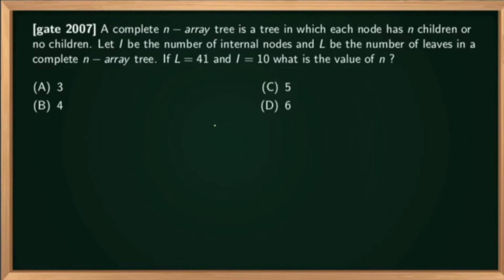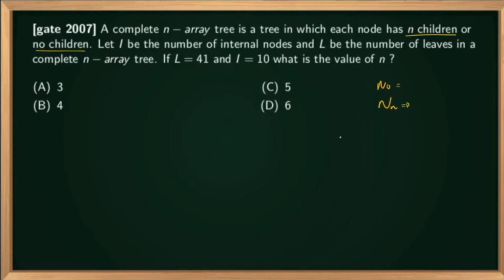It's given that we have an n-ary tree and each node has n children or no children. You can assume N0 is the nodes with no children, and Nn is the nodes having n children.